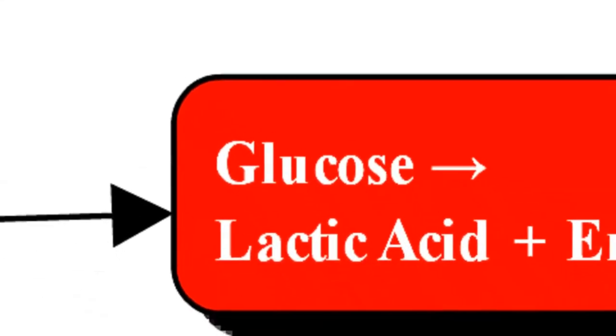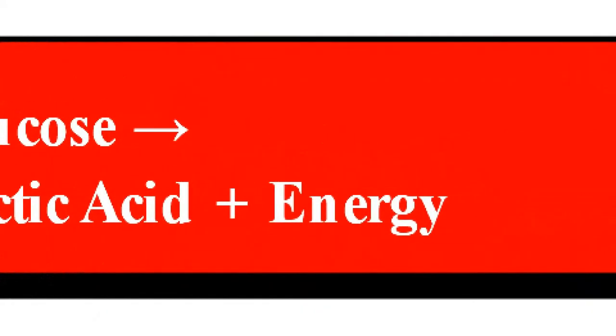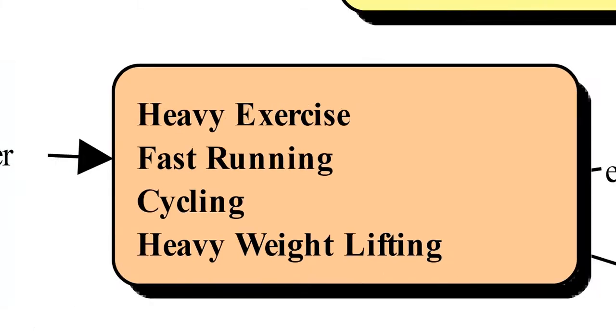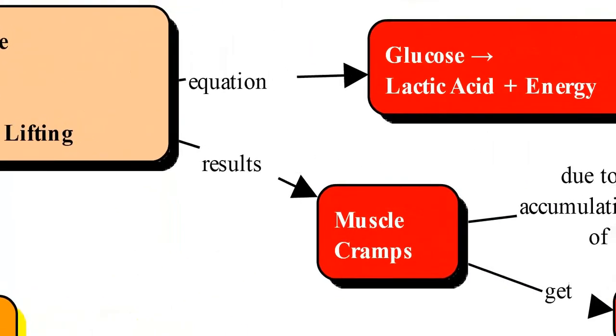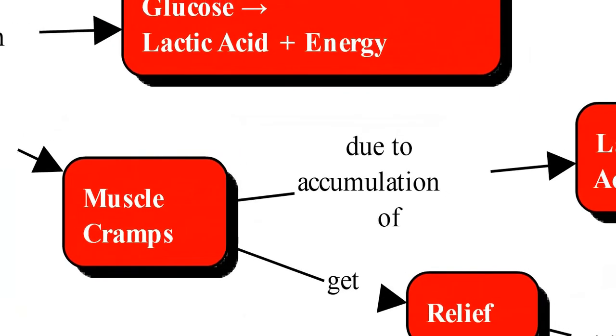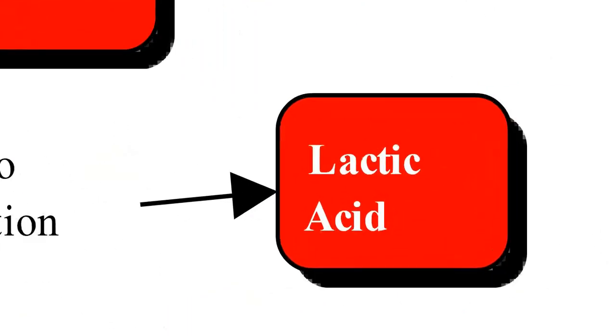But in muscle cells, glucose breaks down into lactic acid and energy. After heavy exercises, fast running, cycling, heavy weight lifting, it results in muscle cramps. Muscle cramps occur due to accumulation of lactic acid.